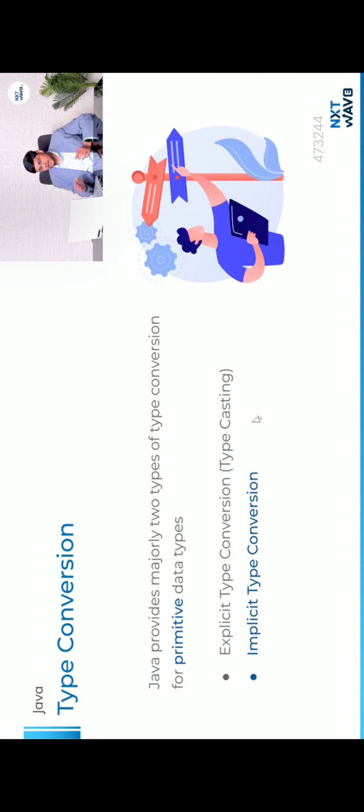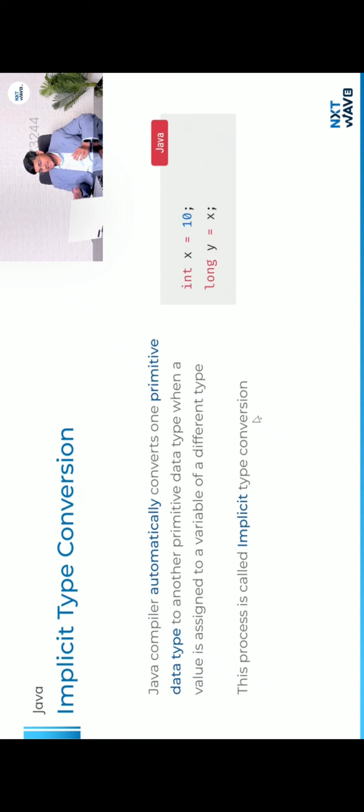Now that we have seen explicit type conversion, we'll also try to understand implicit type conversion. As the name says, in explicit you explicitly mention how it should be converted, whereas in implicit you need not explicitly mention how it needs to be converted.